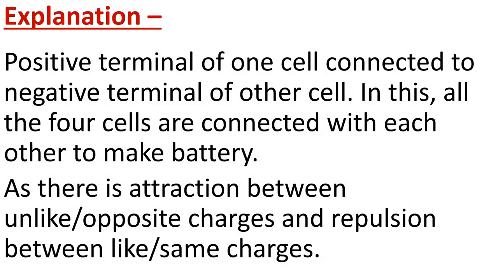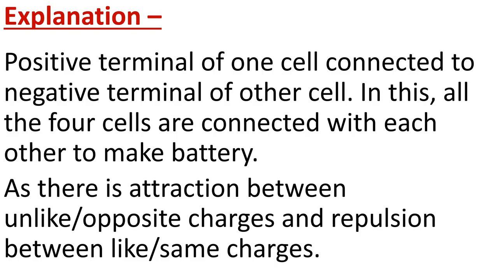Let's check the explanatory part. The positive terminal of one cell is connected to the negative terminal of another cell. In this, all the 4 cells are connected with each other to make a battery.